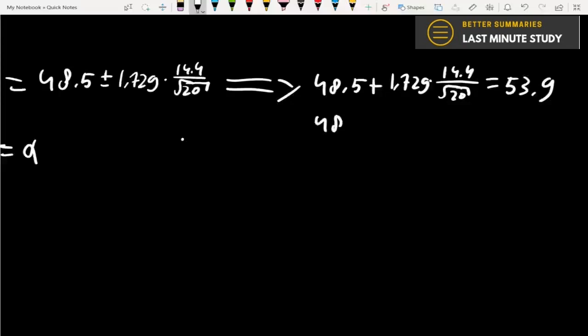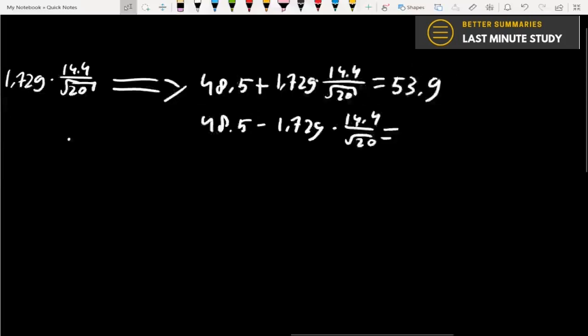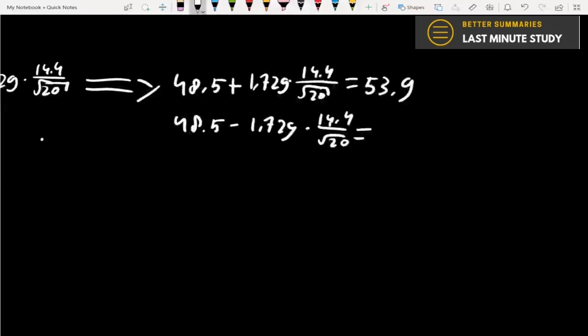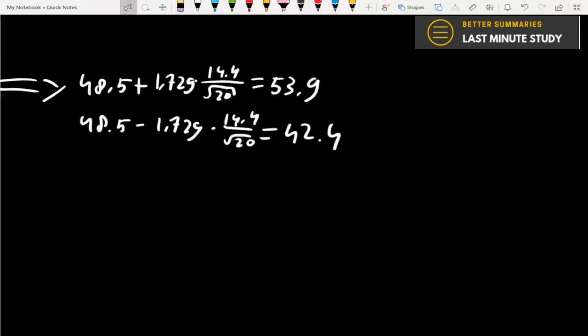And then 48.5 minus 1.729 times 14.4 over the square root of 20. This is going to be 48.5 minus 4.4, which is 44.1. Right, so we got our lower limit and we got our upper limit.